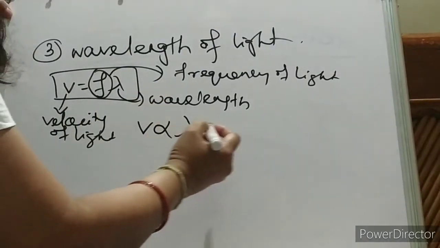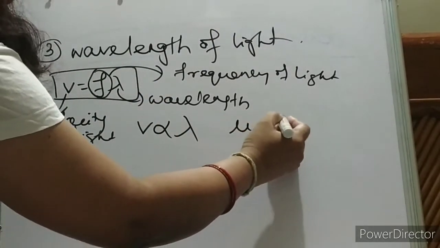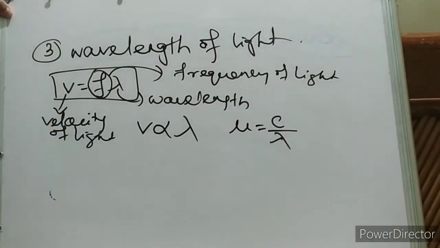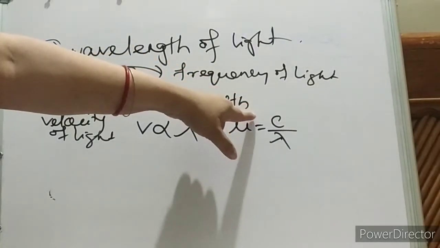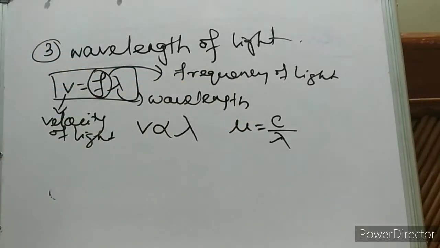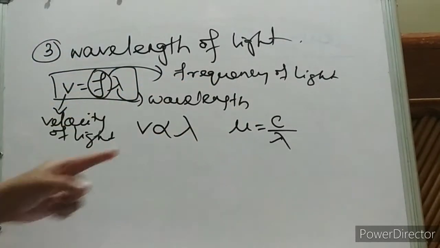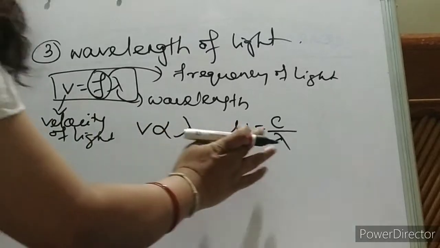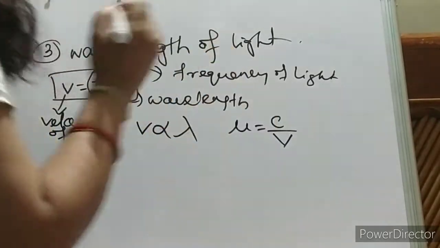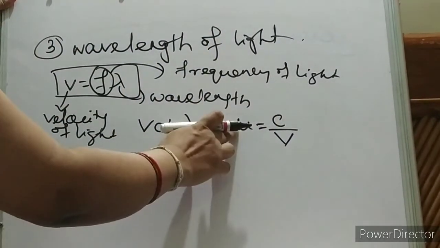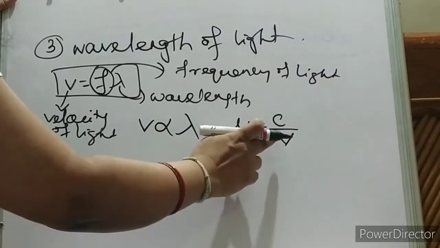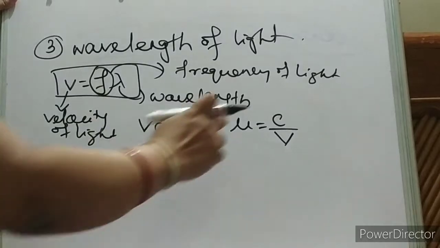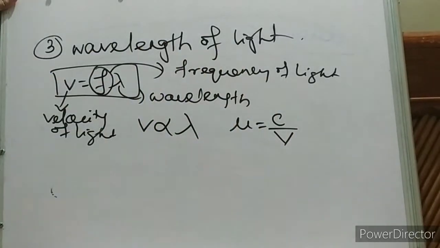And another relation, you know mu is equal to c by v. c is the velocity of light in vacuum, that is a constant, 3 into 10 to the 8 meter per second. v is the velocity of light in a medium.